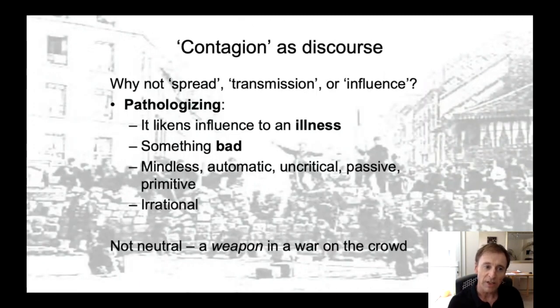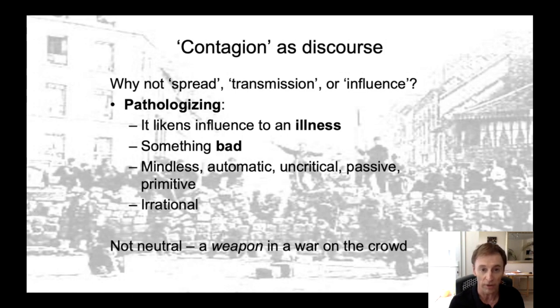So here you can see part of the problem. Why are these early theorists, these crowd psychologists, not using language like spread or transmission or influence, something more neutral? Because they are pathologizing the crowd.